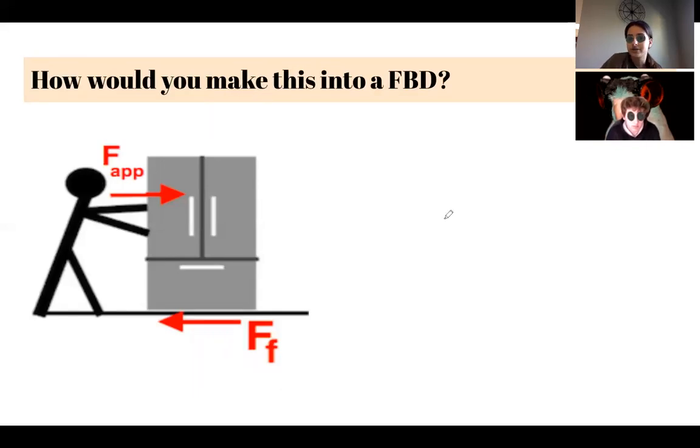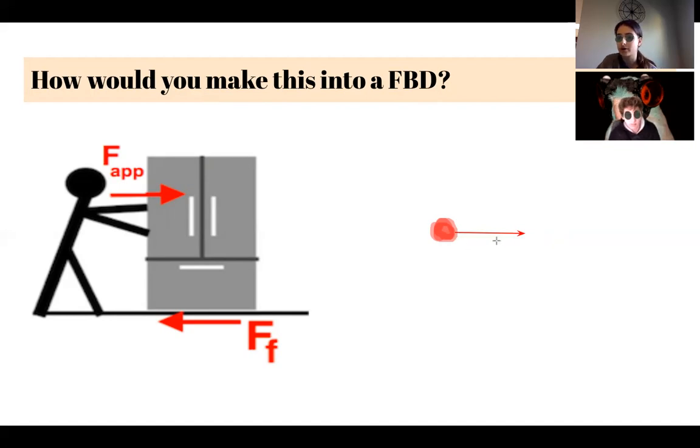We start with drawing a circle in the middle of our drawing, and this represents the mass, in this case, the refrigerator. Now it's time to draw the arrows. We have the applied force that is seen here, and this applied force is going to be going in the same direction that it's applied, just like that.